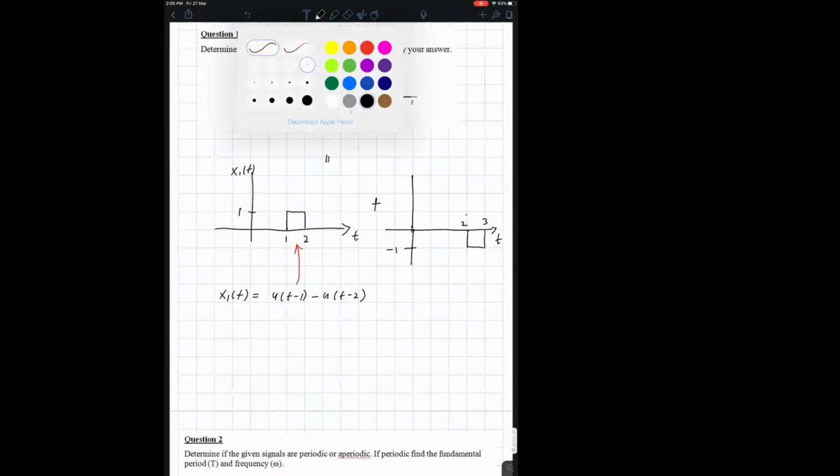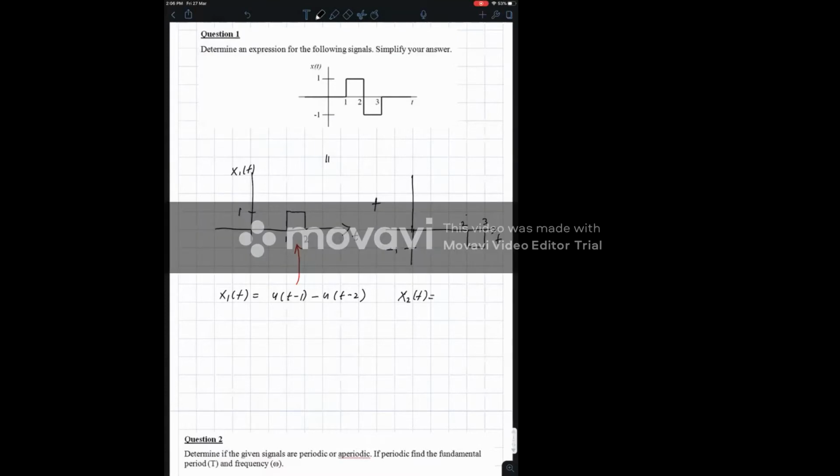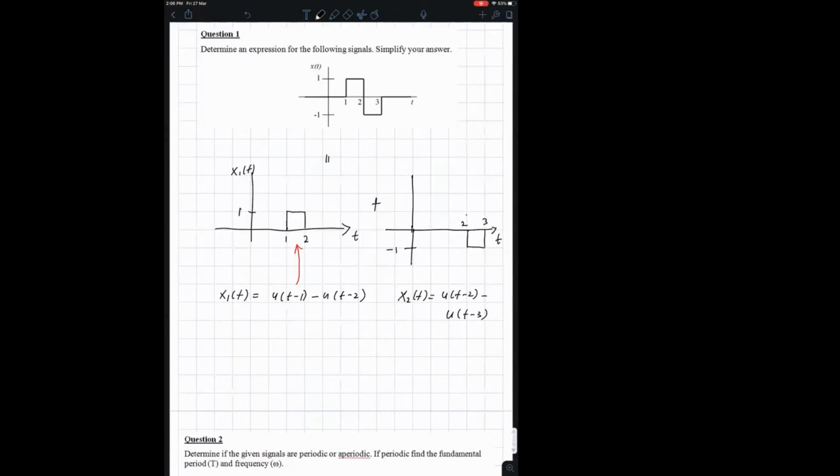x2(t) is a signal that starts at time 2 and ends at 3. So we have a minus sign here.